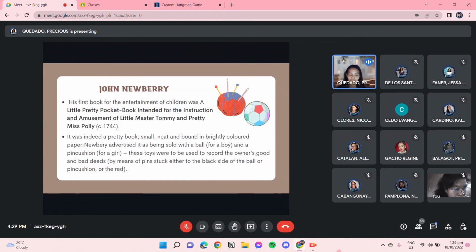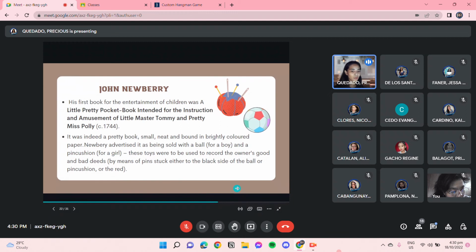So Newbery advertised it by being clever. This is how he did it. He did not just say, hey, buy this book from me. What he did is, if you buy this book from him, your child will have a ball or a pin cushion: a ball for a boy and a pin cushion for a girl. These toys are not just for entertainment.